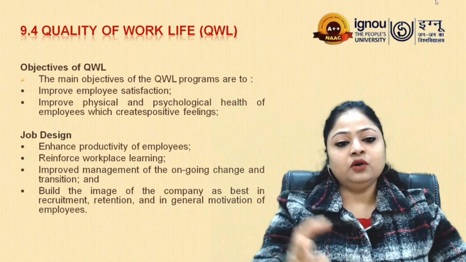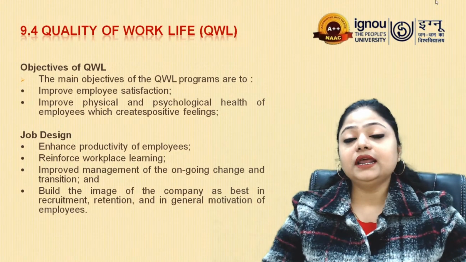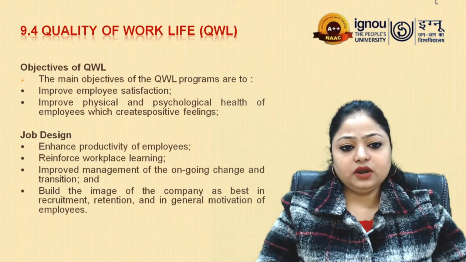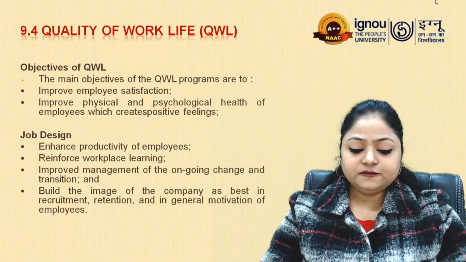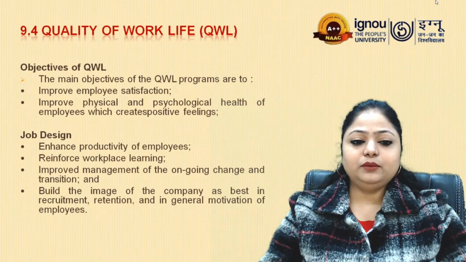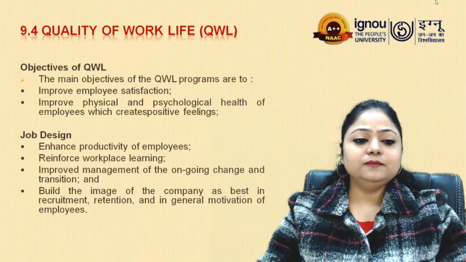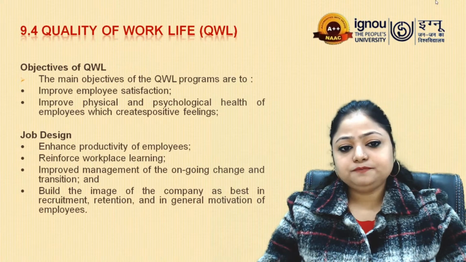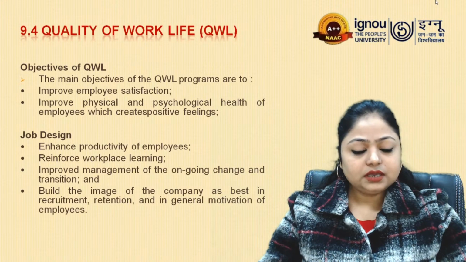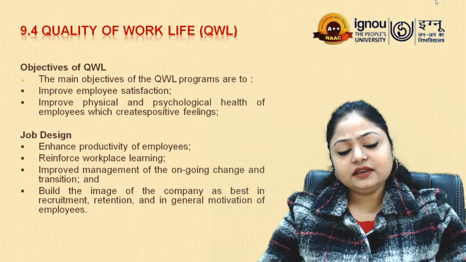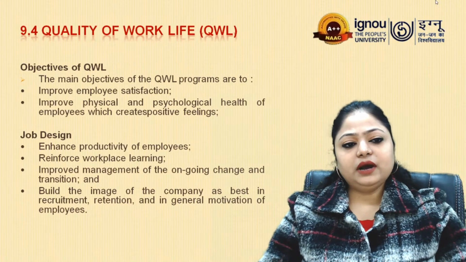So, the main objective of a quality of work life program is to improve employee satisfaction, improve physical and psychological health of employees, which creates positive feelings, their entire well-being, their entire work-life balance as well, their physiological well-being, their hygiene system, their recreational facilities, everything is thought about.